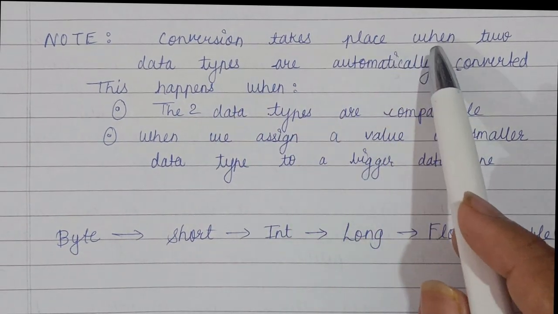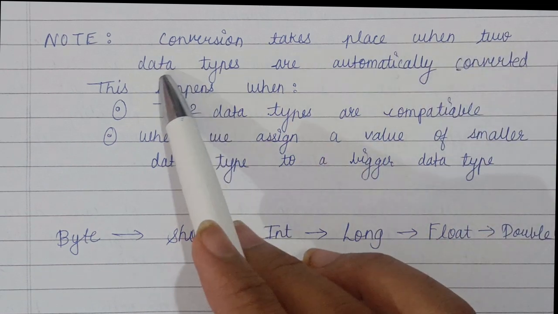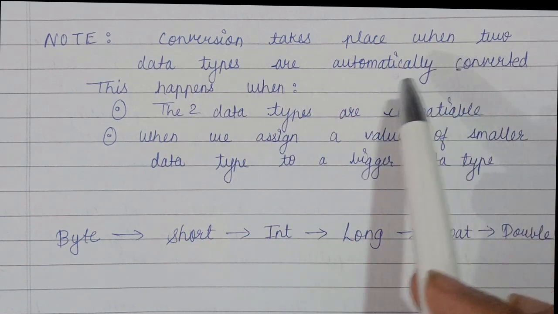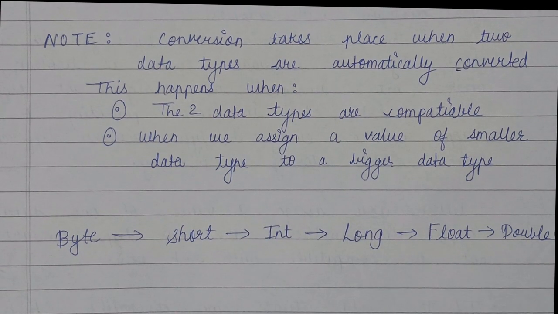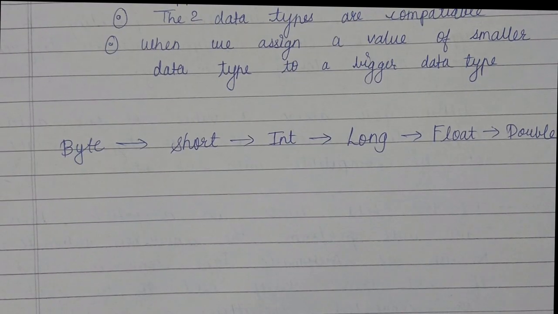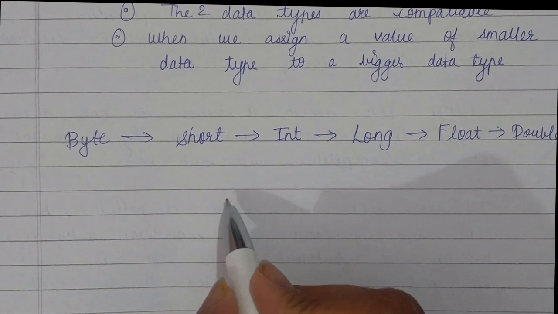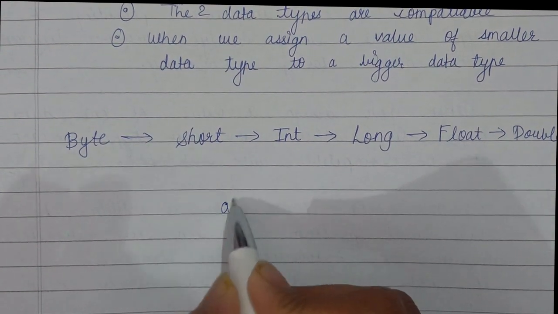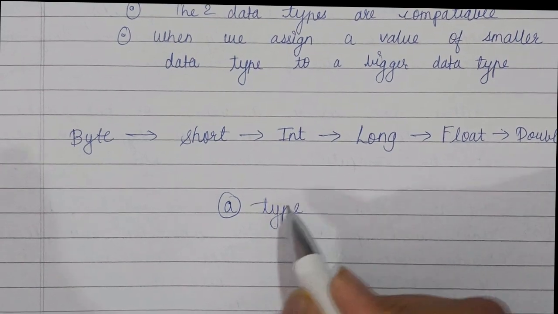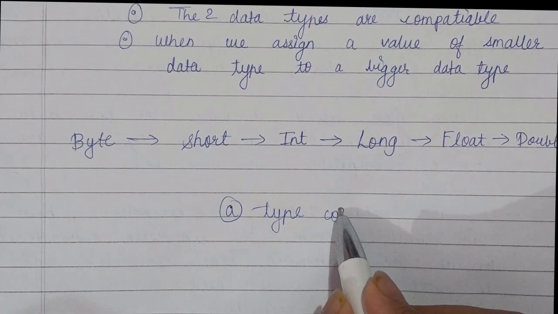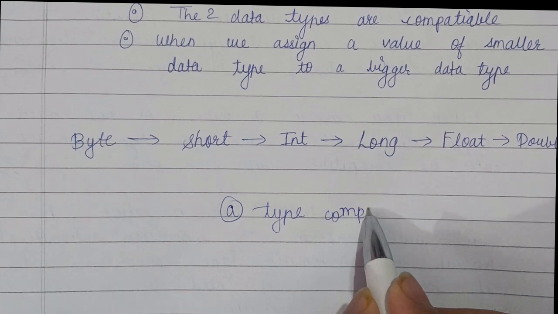Conversion takes place automatically only when certain conditions are met. So how are they converted automatically? First condition is compatibility, the types should be compatible.